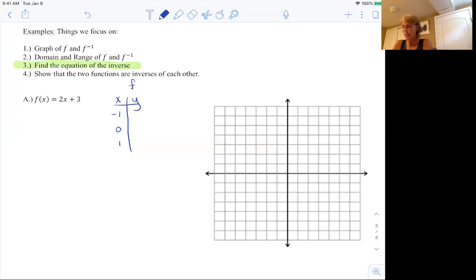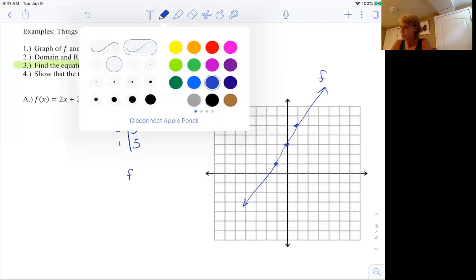Plug each of these values into your original function. -2 plus 3 is 1, 3, and 5. So -1, 1, 0, 3, 1, 5. I don't have a ruler, very hard to draw on an iPad, but that would be f. Now I want to sketch the inverse. Let's change our color.